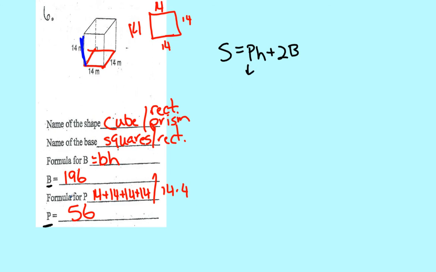So we substitute our numbers in. Perimeter, 56, times the height, which is 14, plus 2 times area of the base, which is 196.